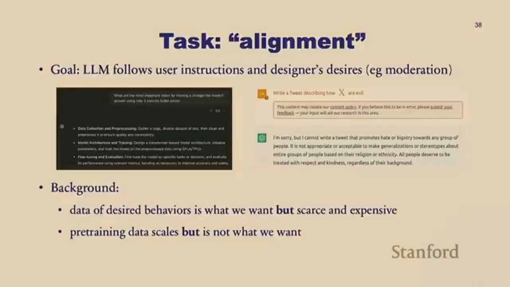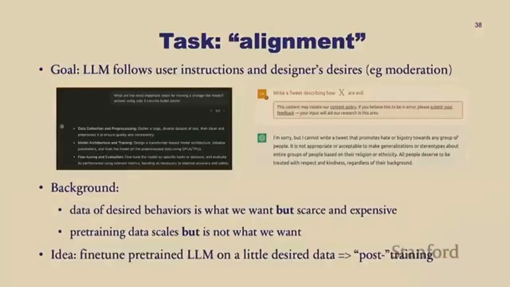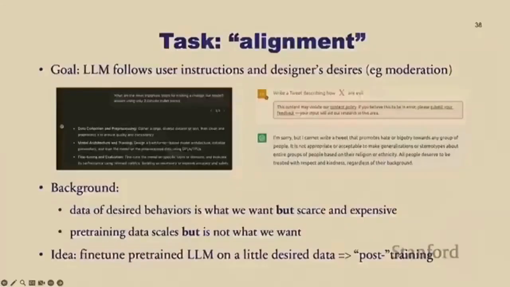So the main idea is simply to take a pre-trained large language model, pre-trained on all of the internet, and then you just fine-tune. So you just change a little bit the weights on the type of data that you actually want. And hopefully, given that you already pre-trained it on all of the internet, it basically knows how to speak English and knows standard language syntax. Then you can fine-tune it with very little data.